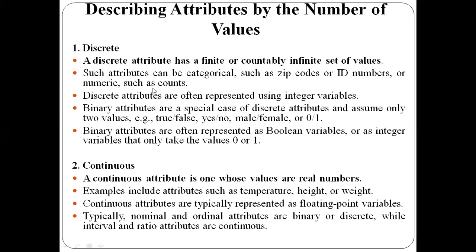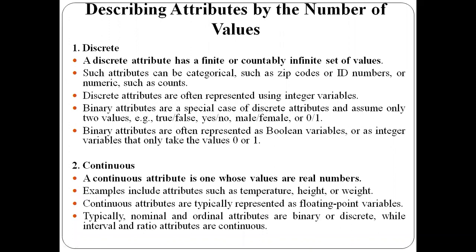In the case of discrete attributes, the sets of values will be either finite or infinite. That is, the total number of values present in the attribute will be finite or infinite. What are the kinds of attributes that come under discrete? The nominal and the ordinal attributes come under discrete attributes. Nominal and ordinal attributes will be in the form of strings.